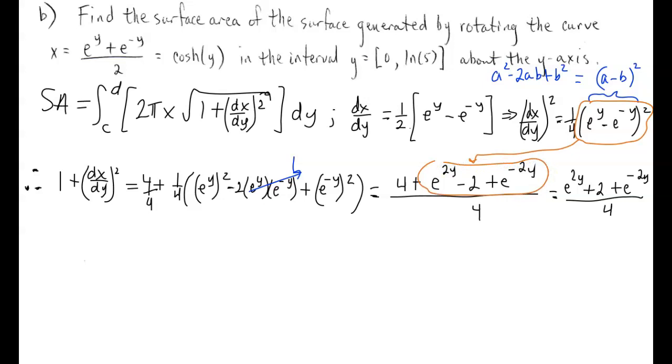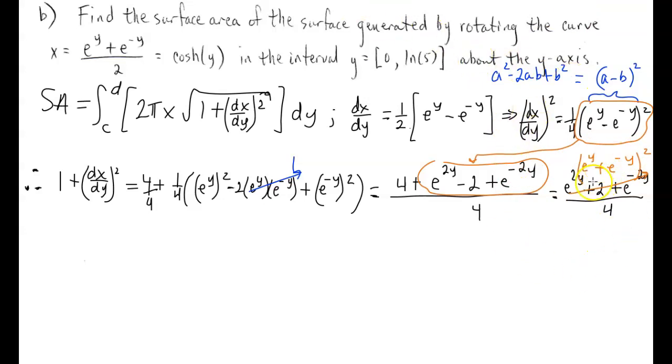And so now notice that the difference in between e raised to the 2y minus 2 plus e raised to the negative 2y and my numerator here is just the plus sign in the middle term. Okay. So what I'm trying to get at here is that this numerator, all of this could be really rewritten as e raised to the y plus e raised to the minus y, all of that squared. Okay.